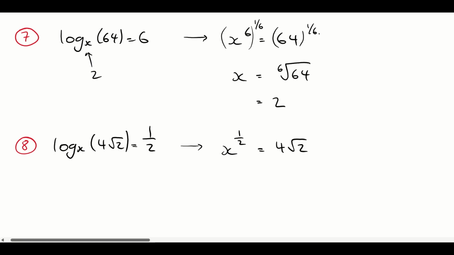So if I raise both sides to the power of 2, then this part is just going to become 1 when I multiply those together using my indice rule. So I end up with x. And 4 times root 2 squared gives 4 times 4 is 16, and root 2 times root 2 just gives me 2. So 16 2's are 32, so x would be equal to 32 in this case.